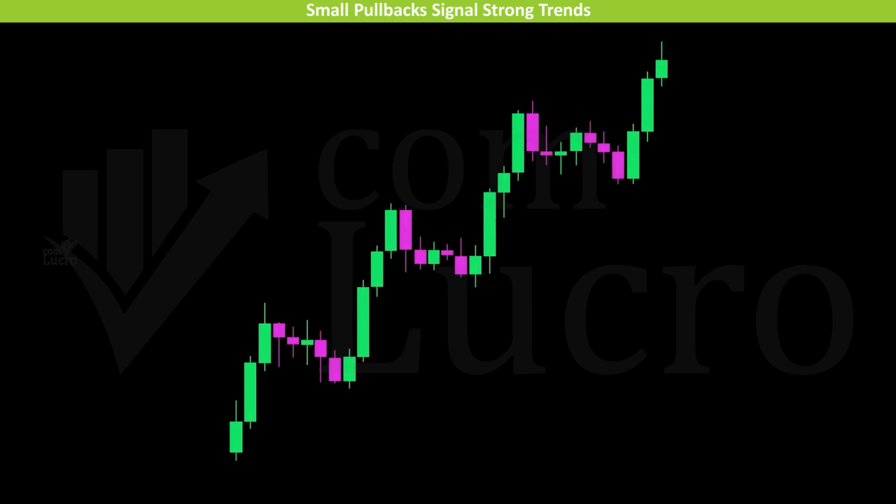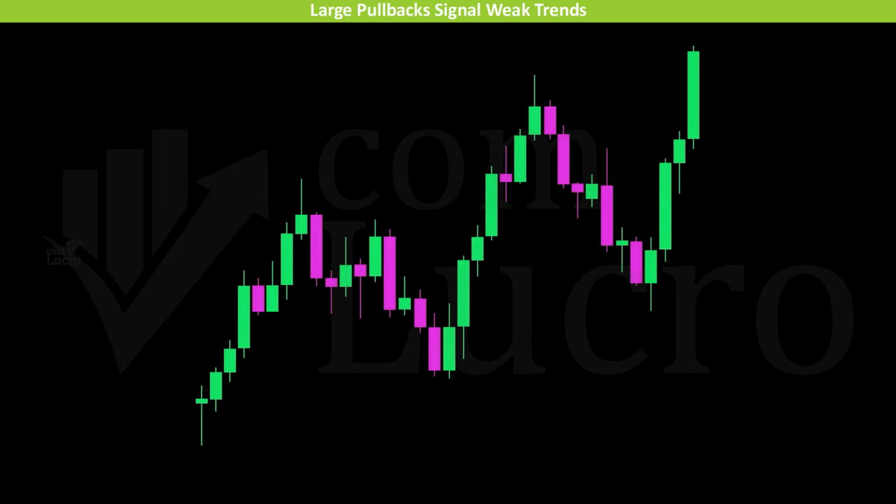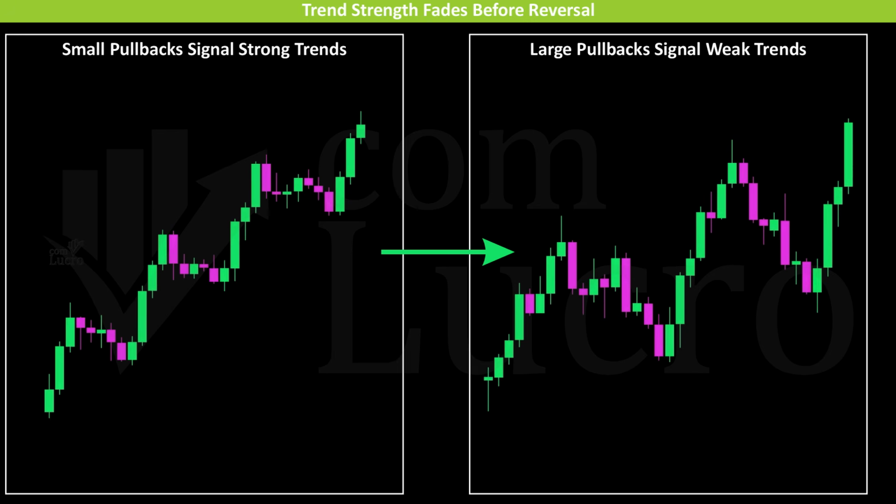Sometimes when buying interest is very strong, the market only retraces a small part of the previous move. At other times, price pulls back much deeper before continuing the upward trend. A shallow pullback usually shows that the trend is strong, while a deeper pullback can suggest that the trend is becoming weaker. In most cases, trends begin with strength and gradually lose momentum.